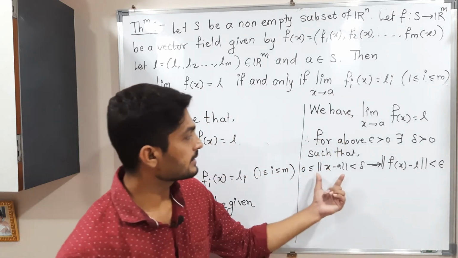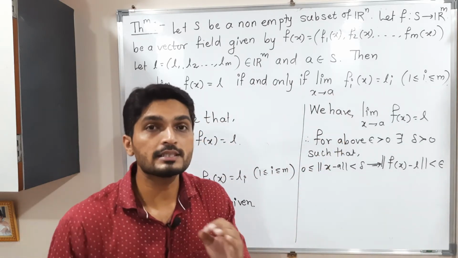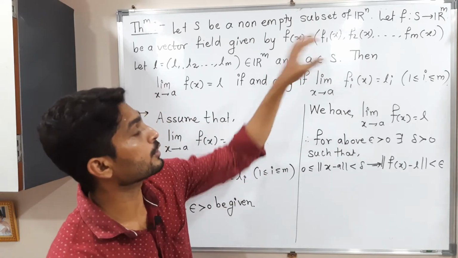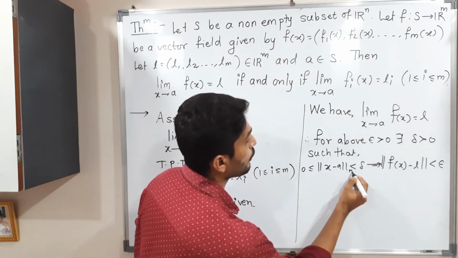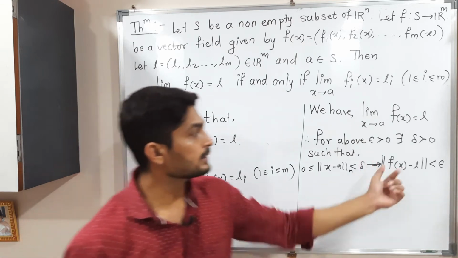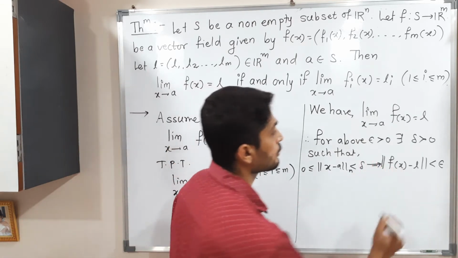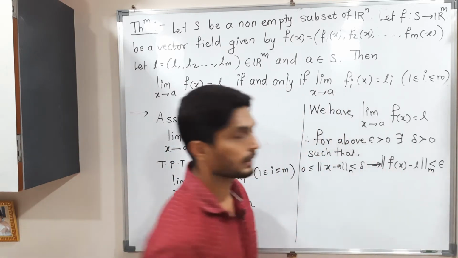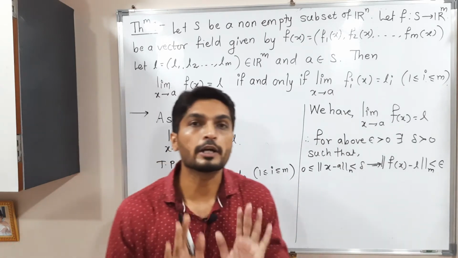Here the domain is a subset of Rn, so I should write the norm in Rn, and the codomain is a subset of Rm, so I should write the norm in Rm.